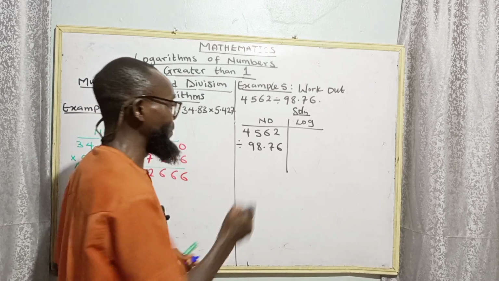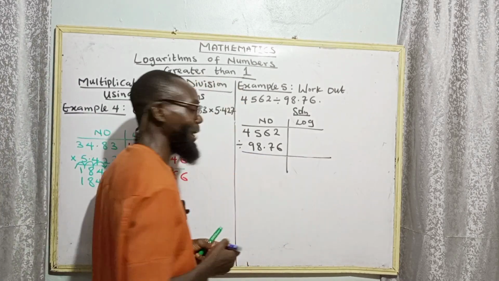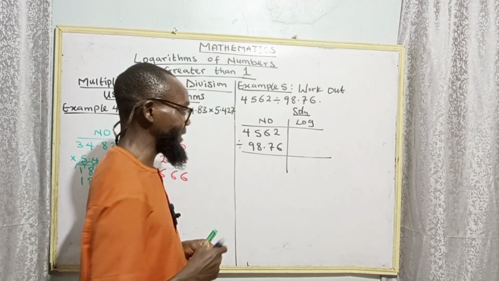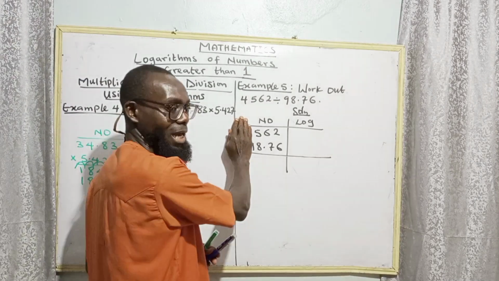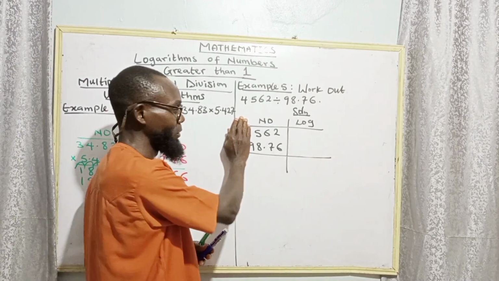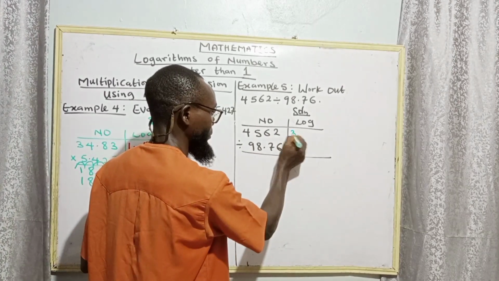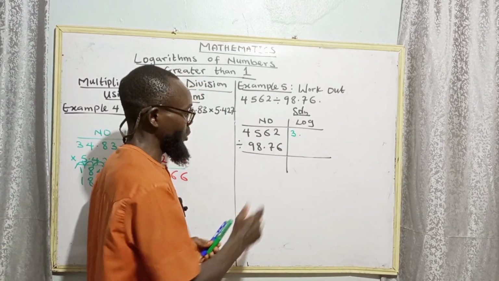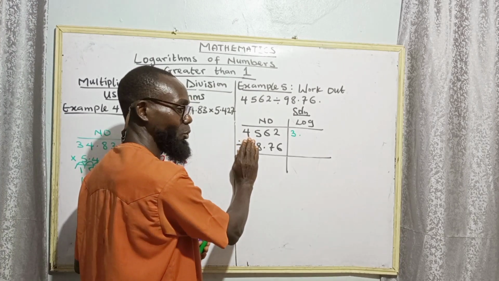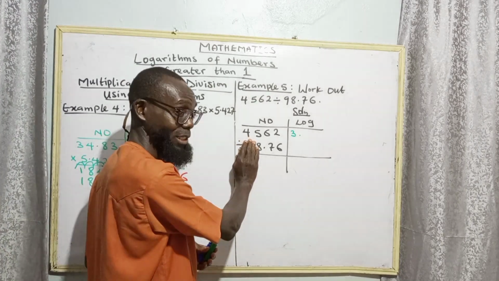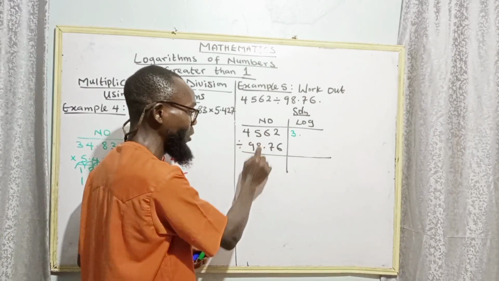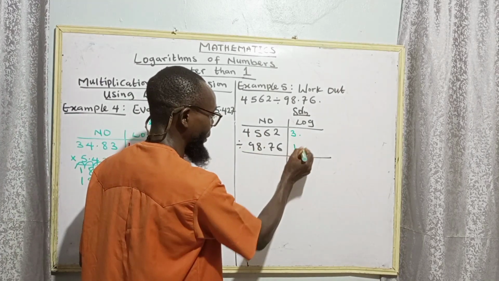The first thing to determine is to get our integers. You cover the first digit and count the digits after the first one. 1, 2, 3. We call it 3 points. Also, for the second, when you cover the first digit and count without jumping the decimal point, we have 1. That is called 1 point.